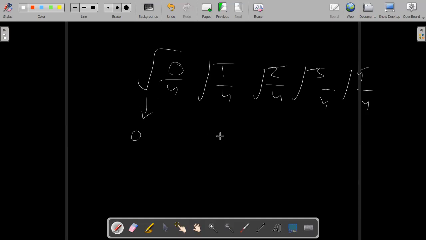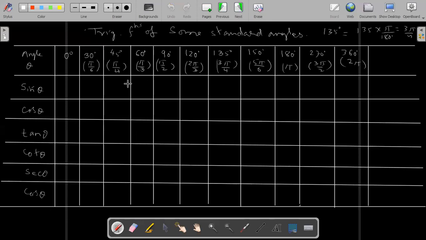You get here 0, 1 by 2, root 2 by 2 which is 1 by root 2, and this is 3, so root 3 by 2, and 4 upon 4, root 1 is 1. So like this you can write the values. You can remember the value: 0 degree is 0, 30 degree 1 by 2, 45 degree 1 by root 2, 60 degree root 3 by 2, and 90 degree 1.